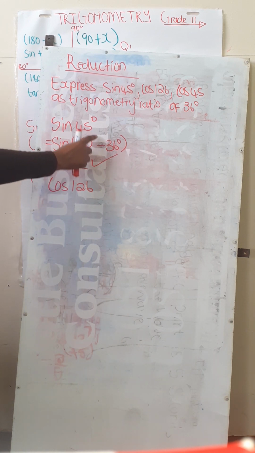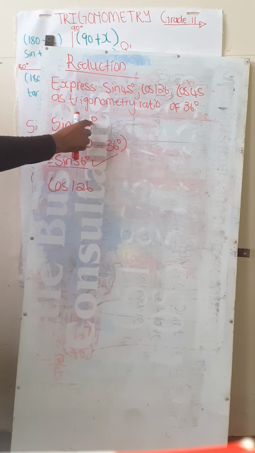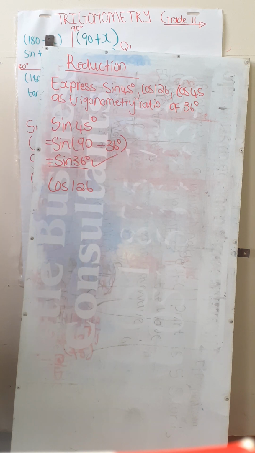We use 90 minus because the angle is less than 90. Because this one is bigger than 90, we need to use the 90 plus rule. So let's say 90 plus 36. Well, that gives us 126, which means we can use it.